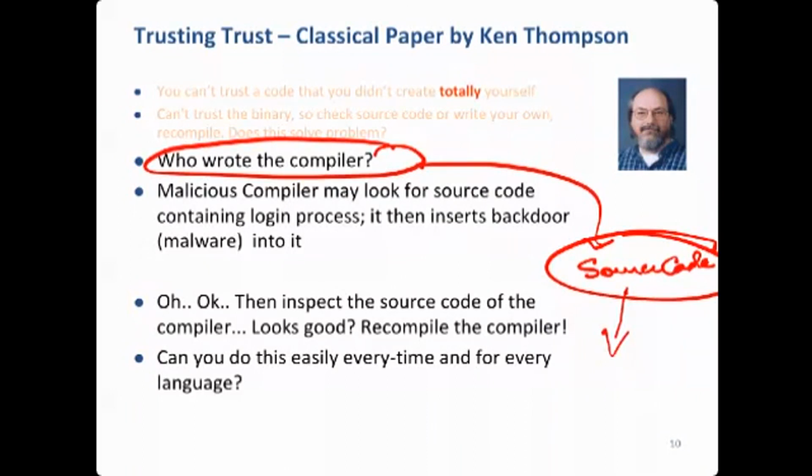Can you do it for every code, where every time different libraries may be used? So as a security professional, you'll have to be suspicious always. You'll have to think there is a possibility the code I have written may contain malware, and try to find out whether it does by looking at behavior and so forth.